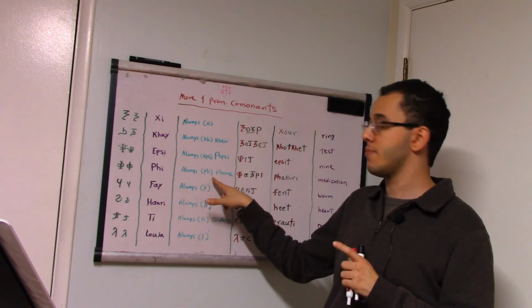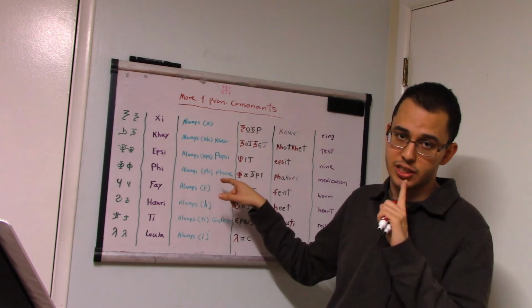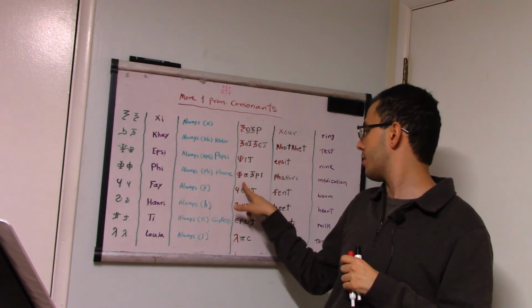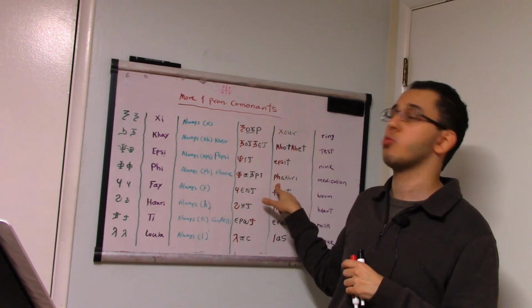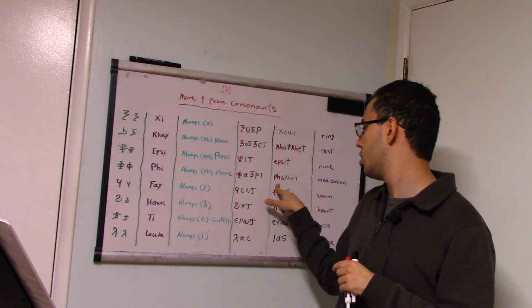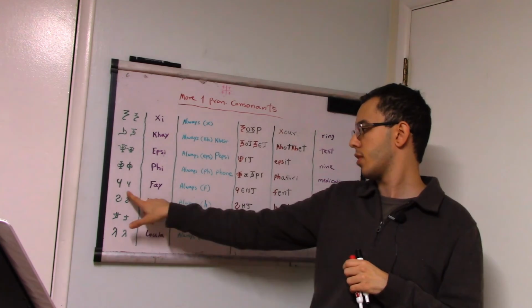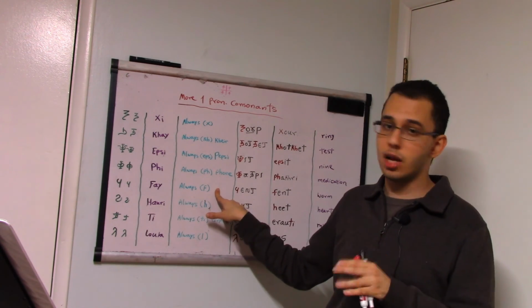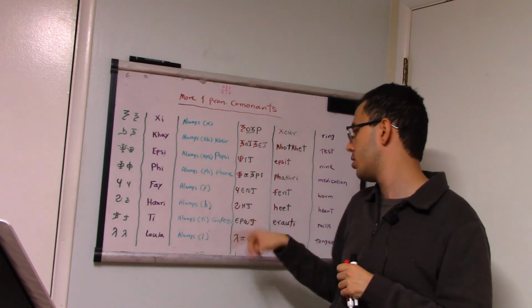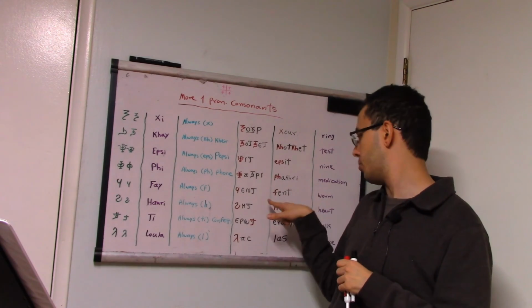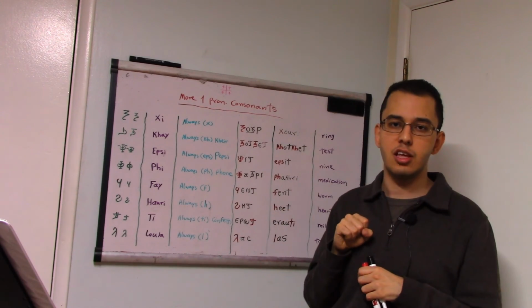Fi always makes a BH or F, as long as the BH is a phone, BH. So the example word is fakhri. You can put it with an F like I said, that counts as well. So fakhri, and fakhri means medication. Phi, always an F. You cannot put BH for this one, it has to be an F. Example word is fent with an F, and fent is worm.